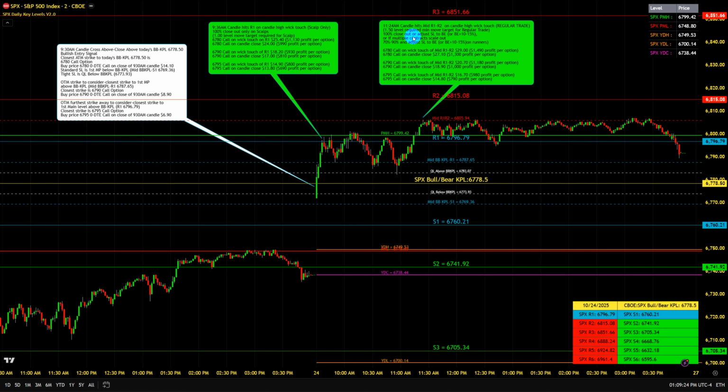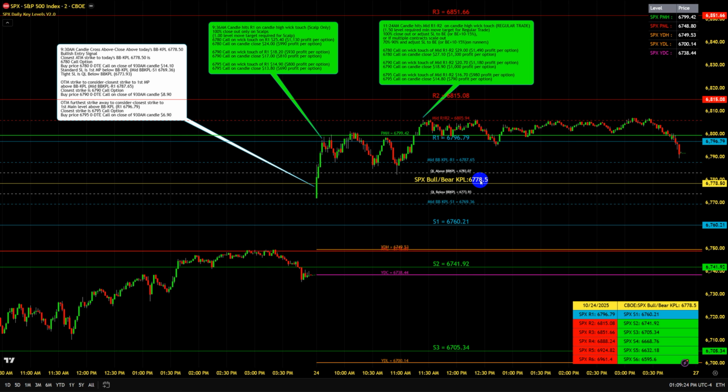Okay, so again here we have both the wick touch and the candle close marked off, showing the difference between getting out at the touch of this level, this 1.5 move, versus the candle close. Now, the 1.5 level move is basically the same process that we used for the scalp. It's a 1.5 level move in the direction from the level that we are trading from.